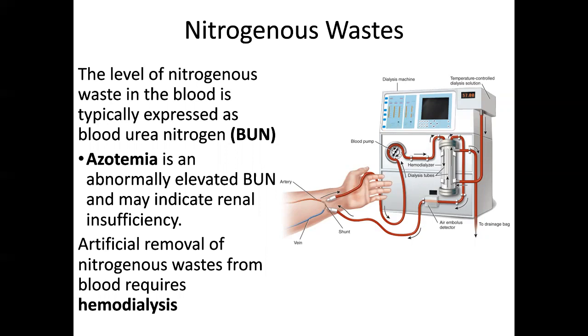So the kidneys are not properly working, which might lead to the need to perform what's shown here on the right, the artificial removal of nitrogenous waste in what's called hemodialysis, or what most people will just refer to as dialysis. And I'm sure you have heard that term before as well. This is what people have to have done when they have kidney failure.